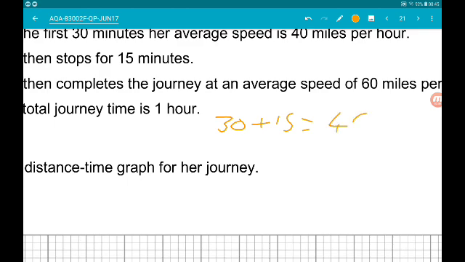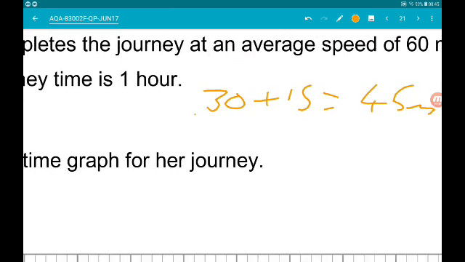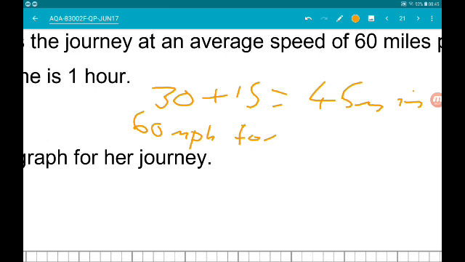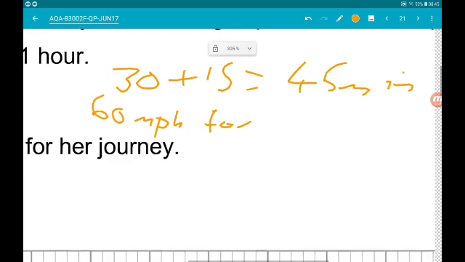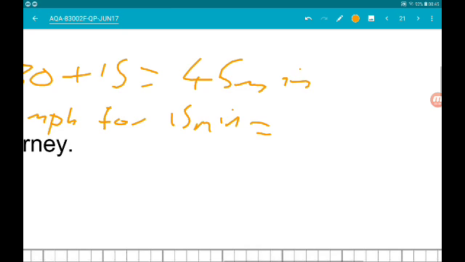which is 45 minutes. Now that means then, for this last part, she is travelling at 60 miles per hour for 15 minutes, which is a quarter of an hour. Or, if you like, 60 miles per hour is 1 mile per minute. So she's going to go 60 miles per hour for 15 minutes, going to take us 15 more miles.